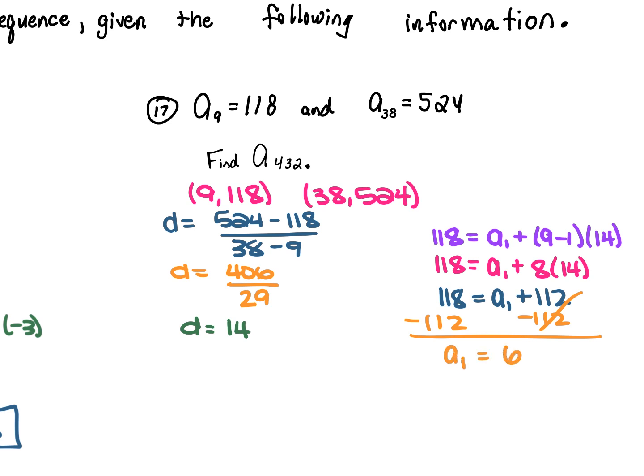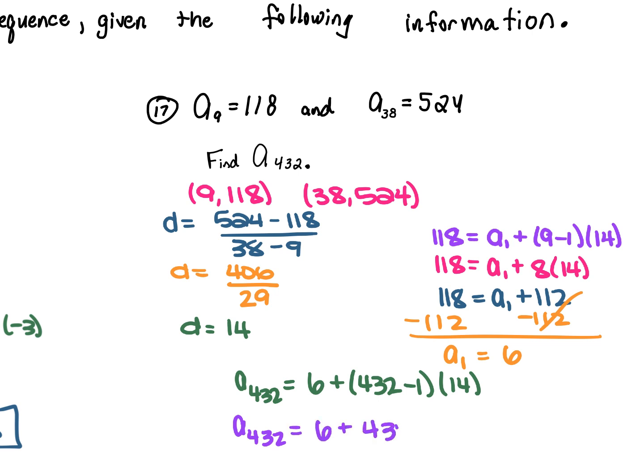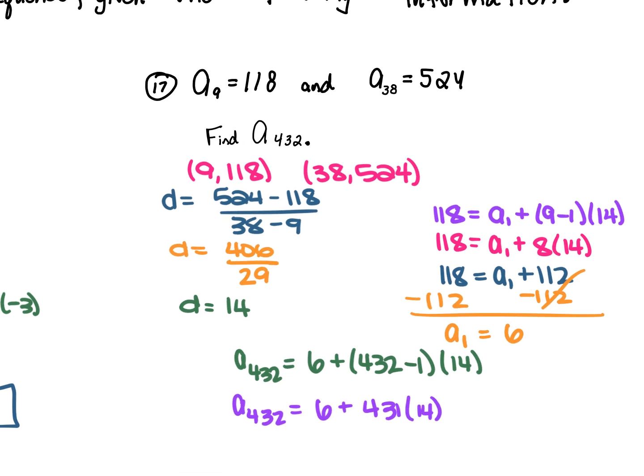So to find the 432nd term, we're going to find a sub 432 is equal to a sub 1, which is 6, plus n, which is 432, minus 1 times d, which is 14. So it's going to give us a sub 432 is equal to 6 plus 431 times 14.